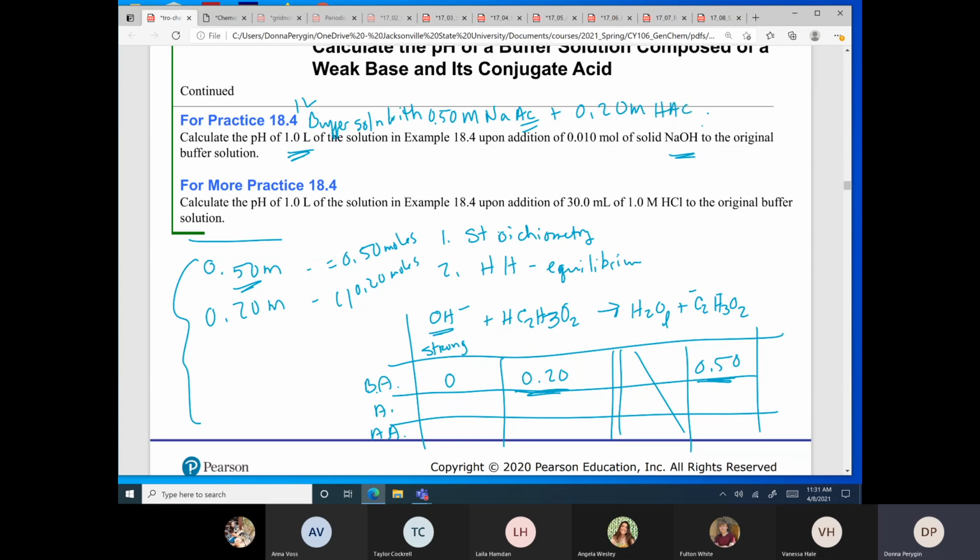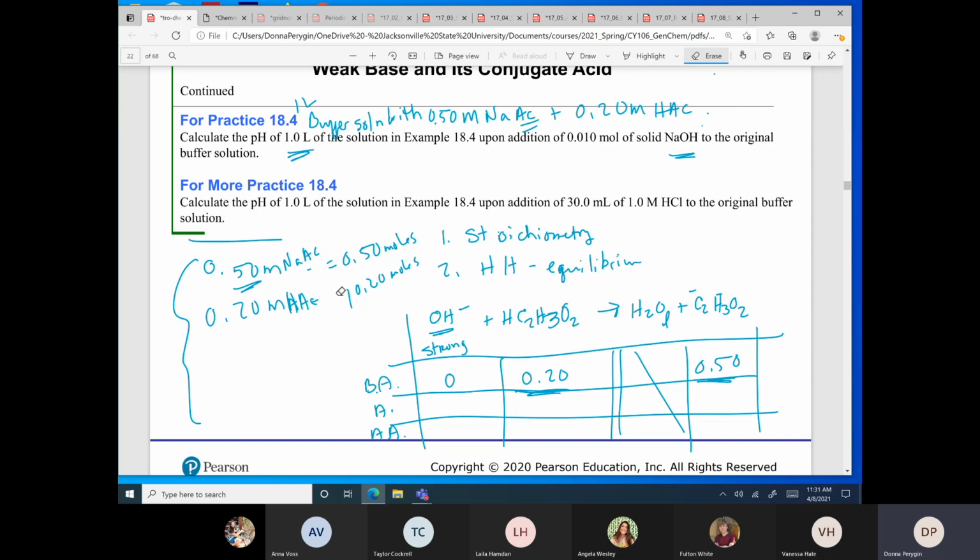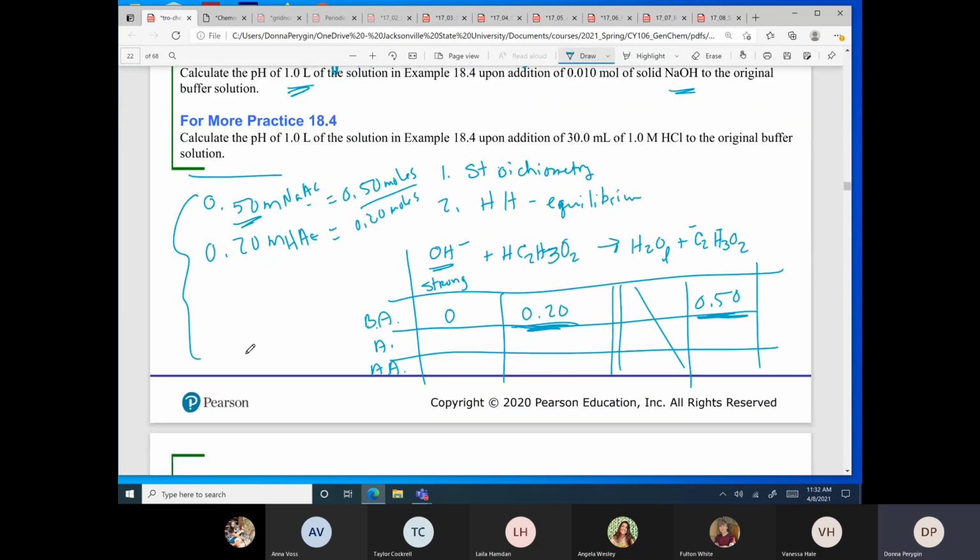So sodium acetate and acetic acid. I don't know what they're doing here. They're confused. If we had a 1 liter solution, then we would have 0.50 moles of acetate and 0.20 moles of acetic acid. We're adding sodium hydroxide to that, so we're going to work an equilibrium problem.